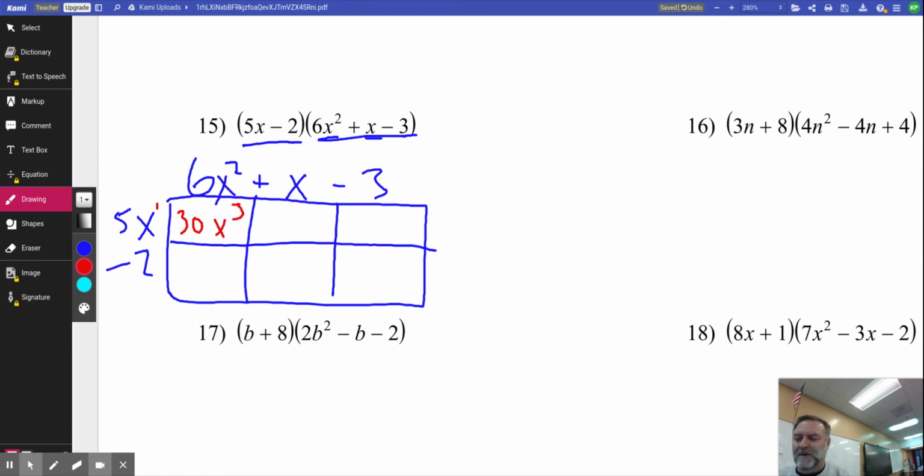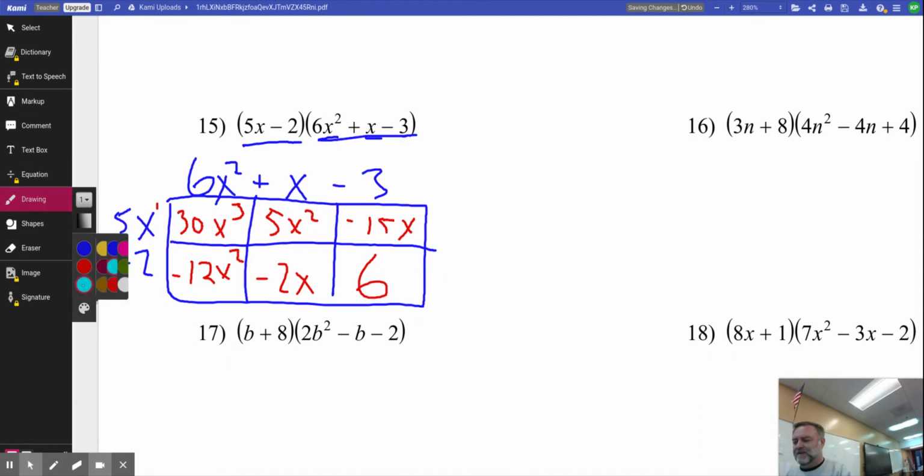You add the exponents there. 5x times x is 5x squared. 5x times negative 3 is negative 15x. And then 6 times negative 2 is negative 12, and it still has that x squared. And then you have negative 2 times x, negative 2x. And negative times a negative is a positive.